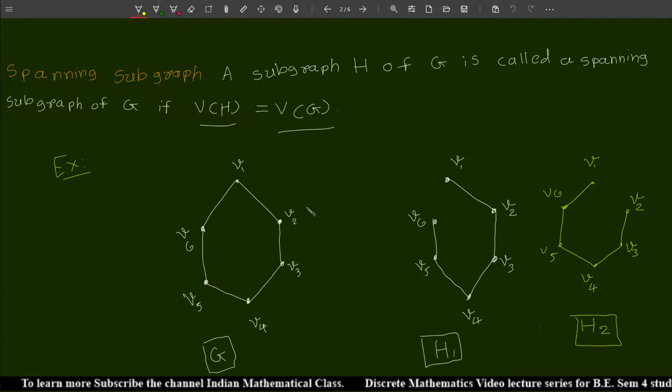Here just remember one thing, that a graph G may or may not have a unique spanning subgraph, meaning graph G can have more than one spanning subgraph.